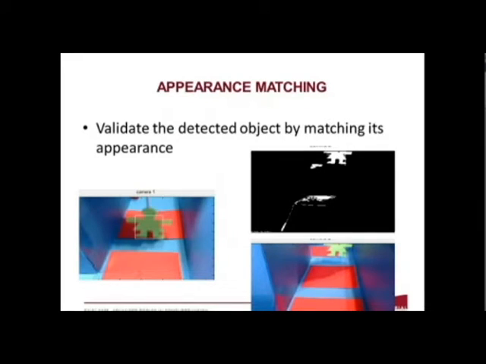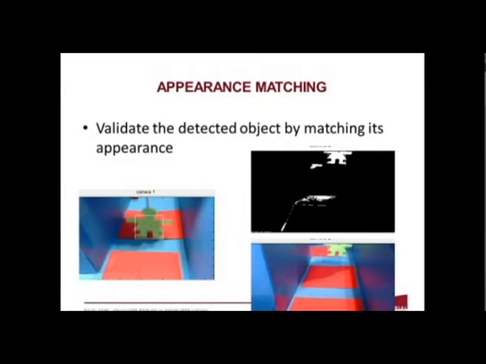What if we get more than 1 blob? For example, in this case, when an object gets out of camera 1, it enters the camera 2, and we process the moving object detection and we get 3 blobs.